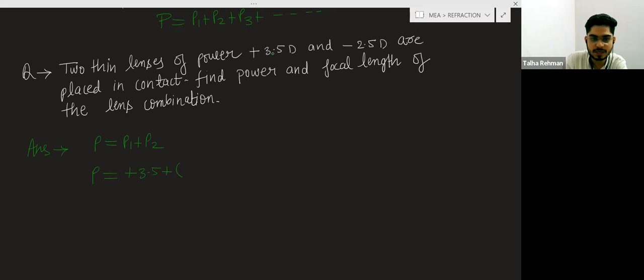Here is plus sign. What is P2? Minus 2.5, or you can simply subtract this. 3.5 minus 2.5. What will be the answer? Plus 1 diopter. This will be the power of the combination.